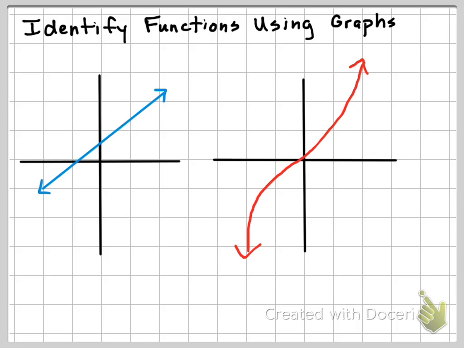Is it straight? When you look at the graph, is it a straight line? So you should be able to write down whether these are linear or nonlinear. I'll give you a second to do that real quick.